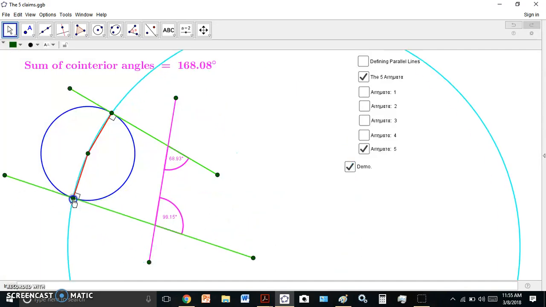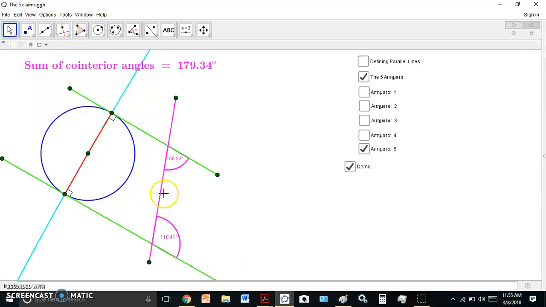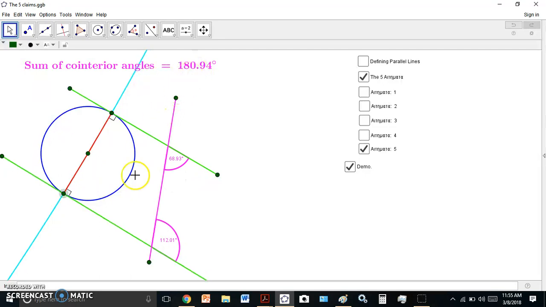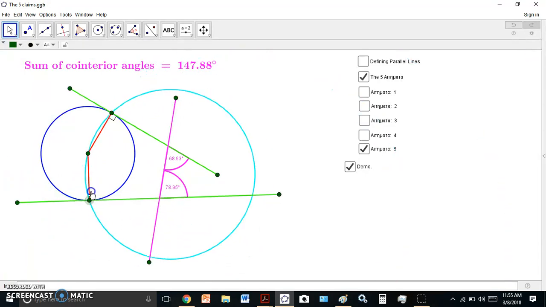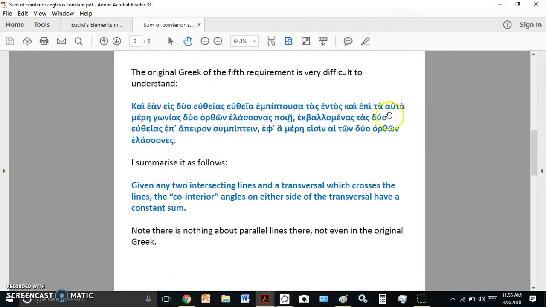So if we move this across like that and they're parallel, then of course the sum of those 2 cointerior angles will be 180. But it's always constant. That is what this 5th requirement is saying. So if you had a transversal on this side, it would also apply. The sum of the 2 cointerior angles is constant. And that is what the fifth requirement says.